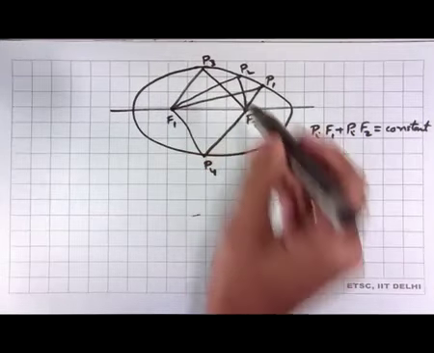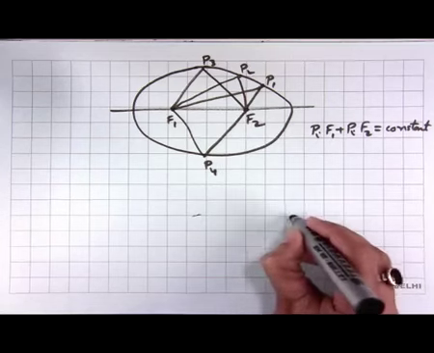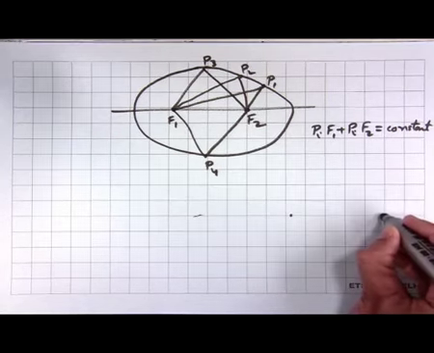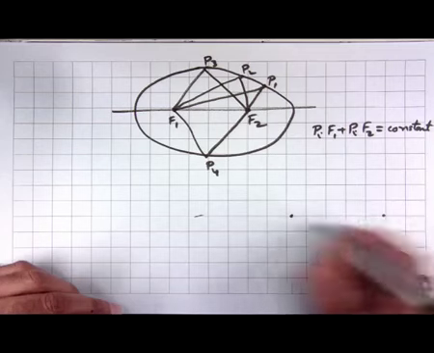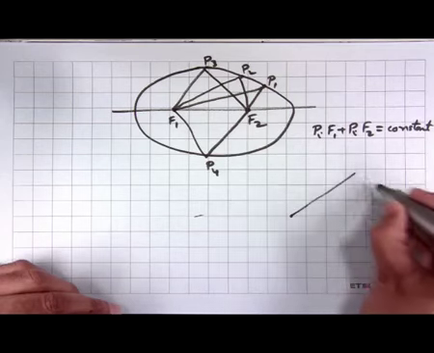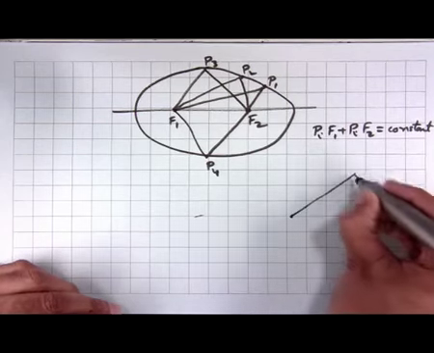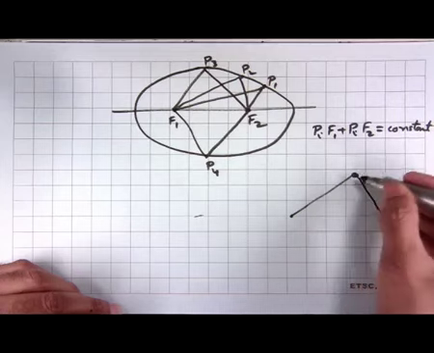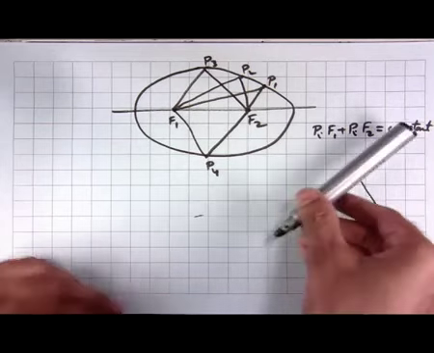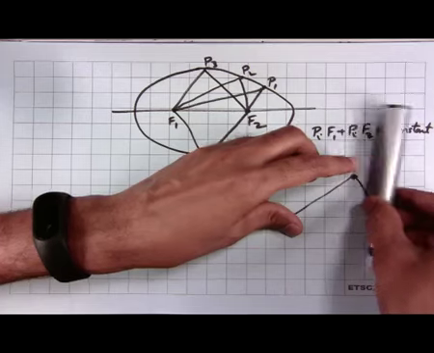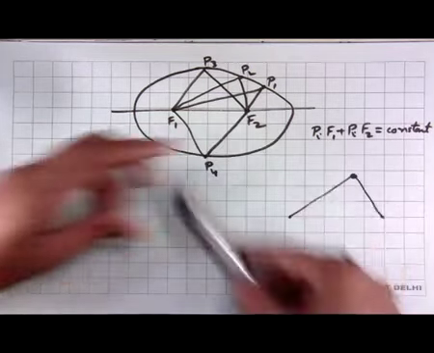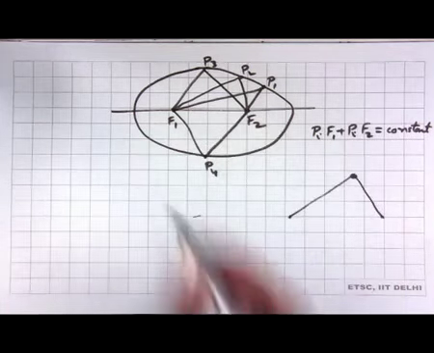In this case, if you take two different fixed points, take a thread, and keep the length of the thread the same while you keep rotating, you get this ellipse.